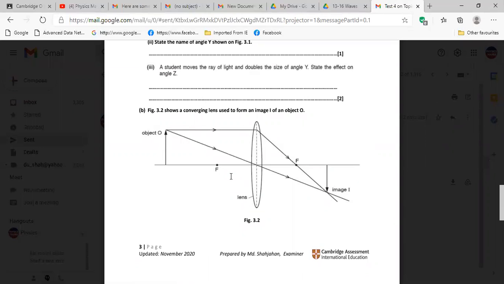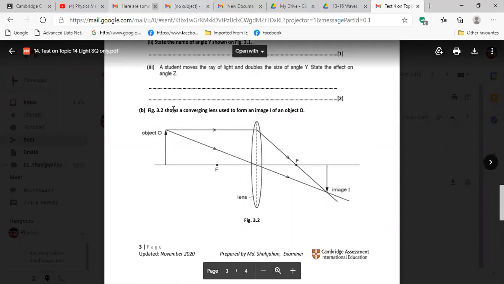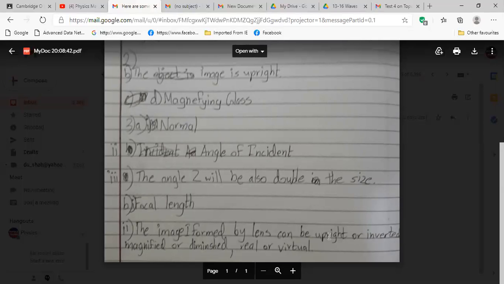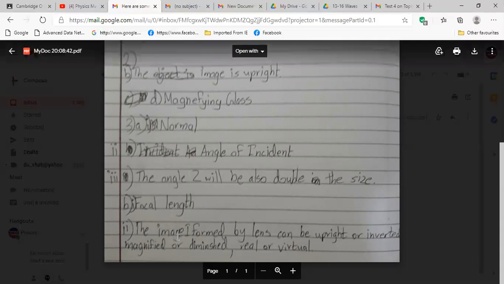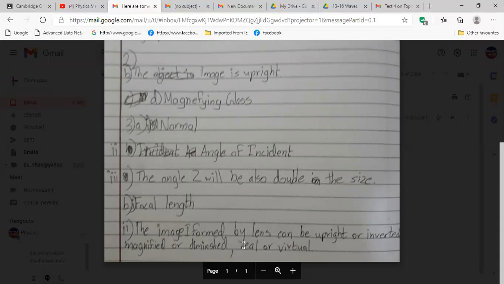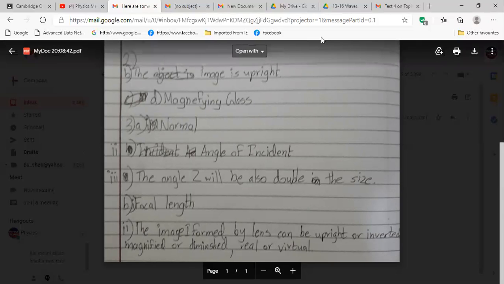Is it clear? Yes, sir. So you cut the other part. Can be upright, you don't say. You say just right: image I formed by the lens is inverted, diminished, real. The other things you cut and give here -3. Okay, sir.